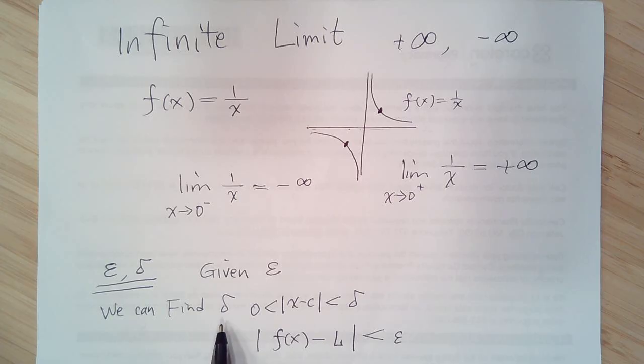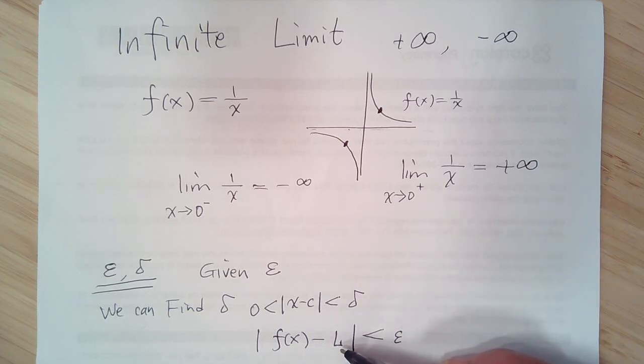So we can find this delta such that for the x value within plus or minus delta of c, the function value f of x minus a certain number is less than the given epsilon. So that is called the limit. Remember, that's the formal definition of it.